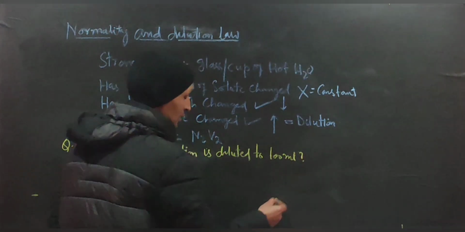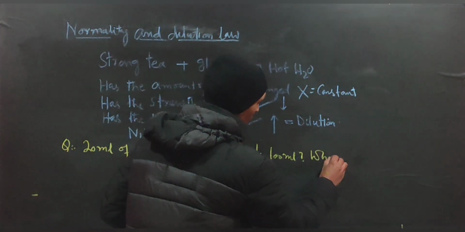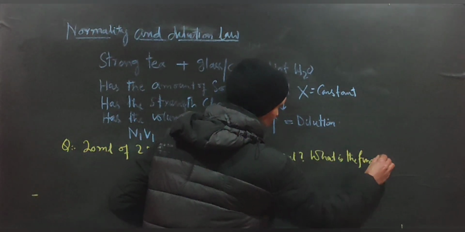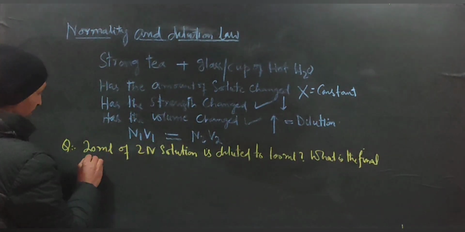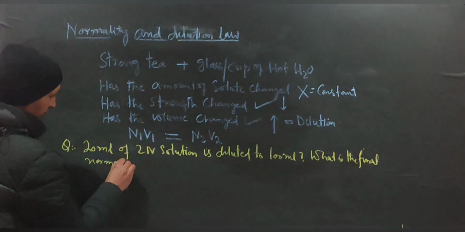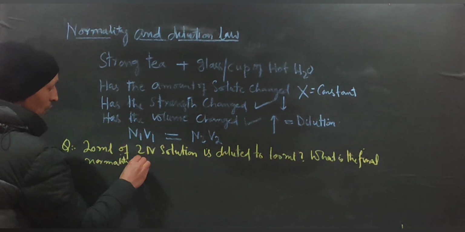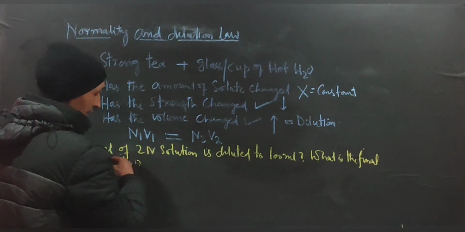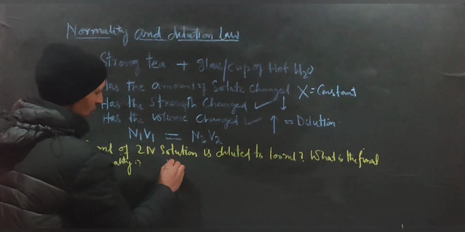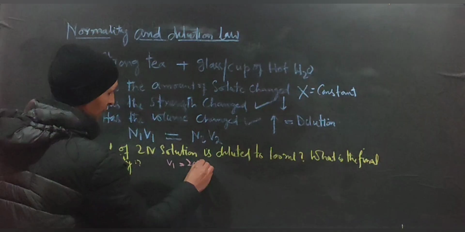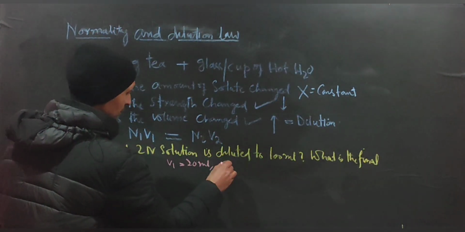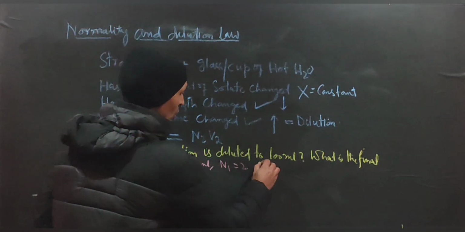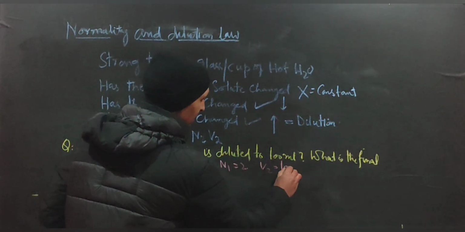What is the final normality? Hold on. It was simple. Given is the initial volume, that's V1. What is that? 20 ml. Initial normality, N1, is 2 normal, right? Final volume, V2, is 100.